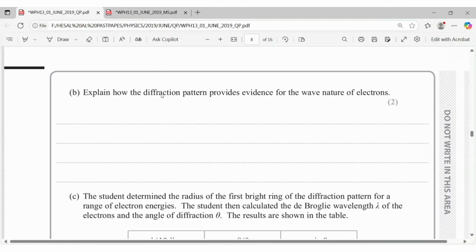As a result, we can see a pattern of bright and dark rings. Why? Because of constructive interference and superposition. We know diffraction and interference are wave patterns. Therefore, it proves that electrons show wave nature.